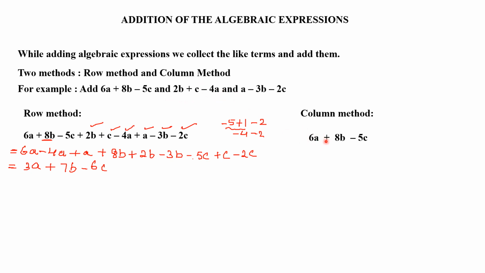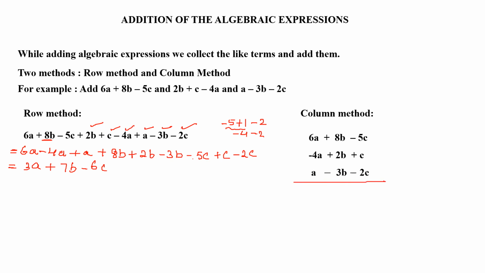And here in the first expression we have 6a. So it means minus 4a should come below 6a. So I have to write it like this. Minus 4a plus 2b plus c. And you can see the like terms are one below the other. Same way we have to do with the third expression. So I have written one below the other and then you have to add it.